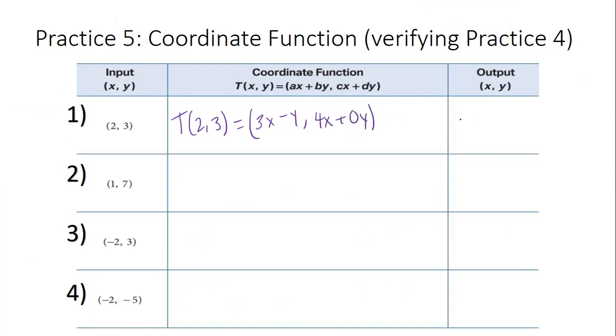And what was our result as an ordered pair? 3, 8. That is all you're doing. You're taking the matrices and writing them in coordinate function form, and then what the matrix product would be as an ordered pair. Got it? All right, that's it.